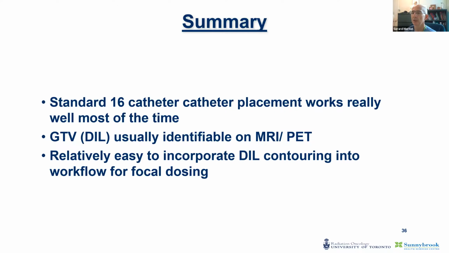And it may also have a role for GTV boosting, which we use for situations where we're treating with monotherapy and also in the salvage setting. And this is something we find relatively easy to incorporate into our workflow.